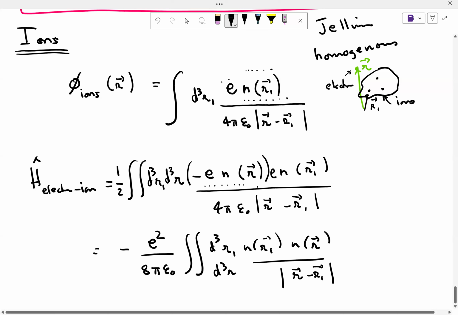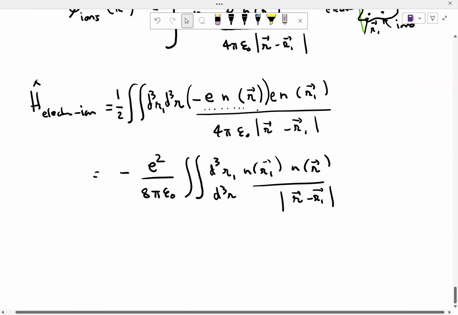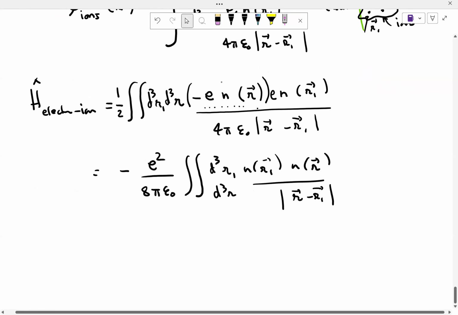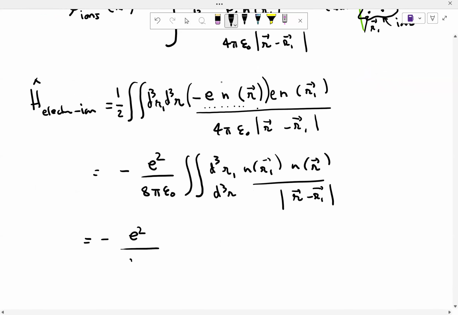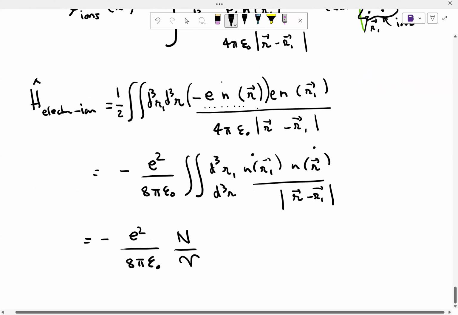So now what does this mean? I can write this as minus e square over 8 pi epsilon naught, n, the number of electrons per unit volume or number of ions per unit volume, squared, d cube r1 d cube r over r minus r1.